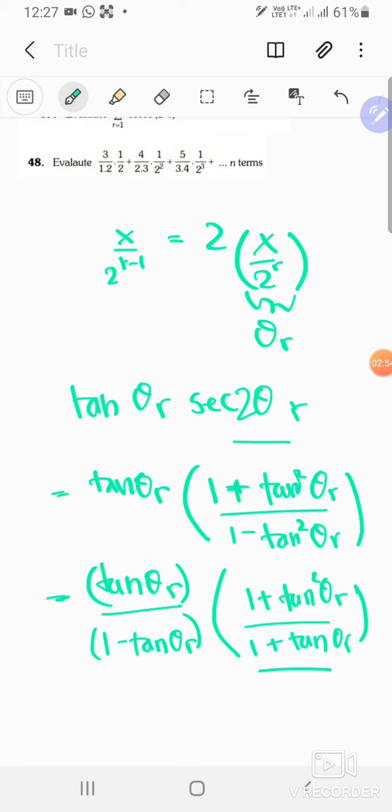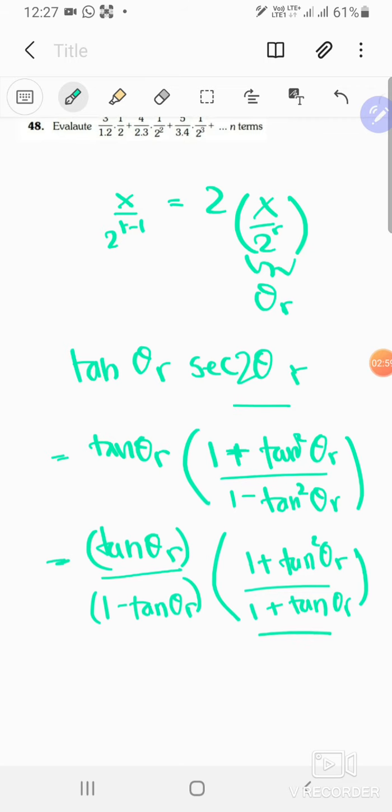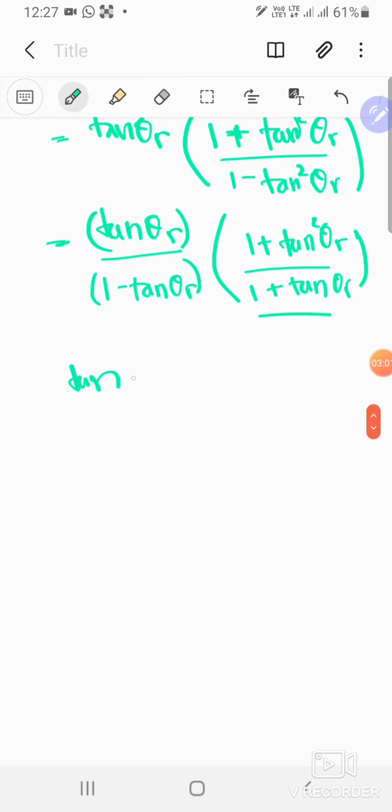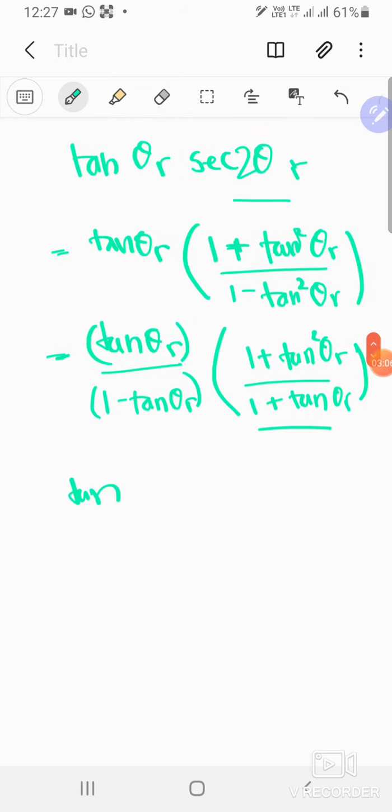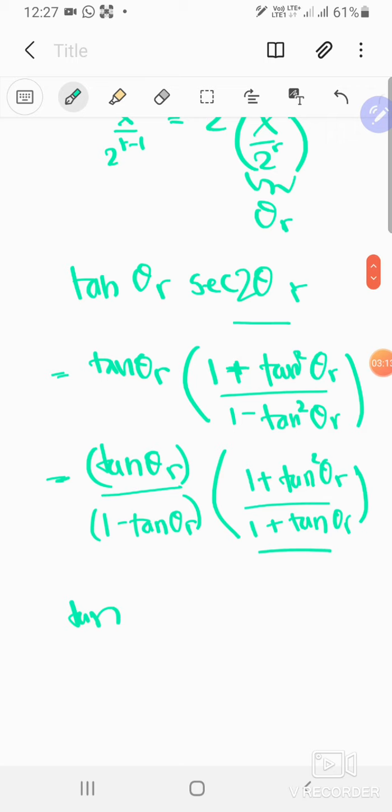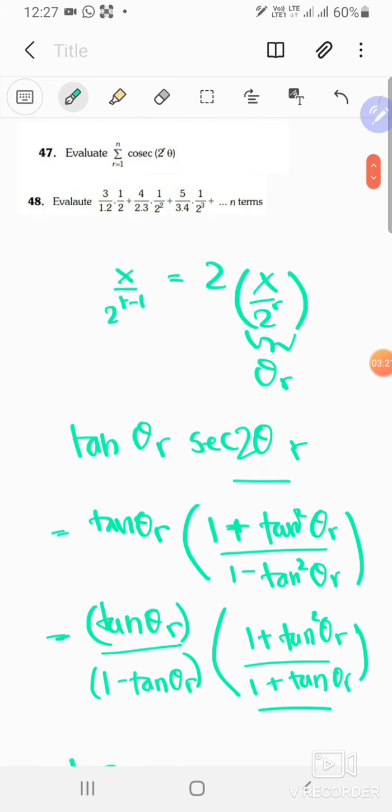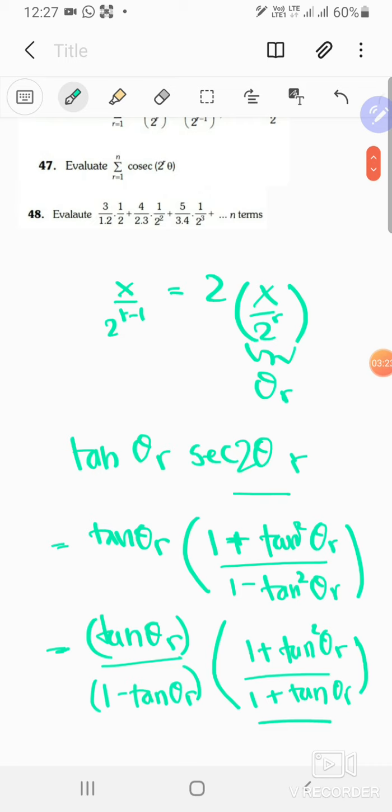So we'll have tan theta, and the next term is supposed to be tan of 2 theta r. So every time theta r will be replaced by 2 theta r. Wait, it's not working because tan theta r is also changing, so we won't be able to do it like that.